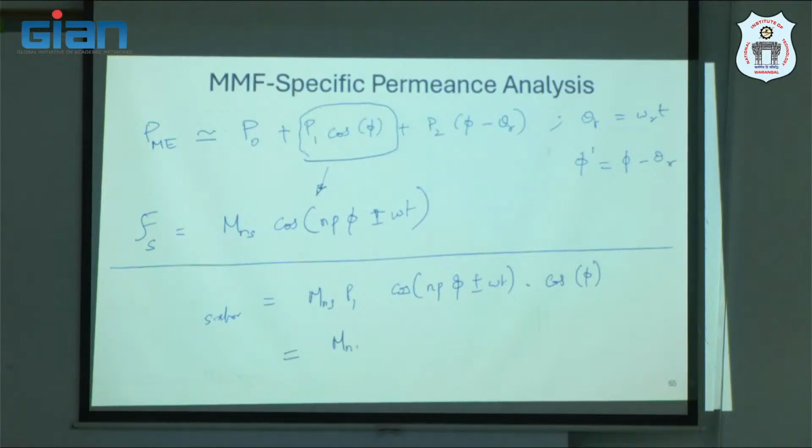That will be MNS P1 by 2 cos, the phi terms get added, NP plus 1 phi plus or minus omega t. This will be one term, plus MNS P1 by 2 cos NP minus 1 phi plus or minus omega t.